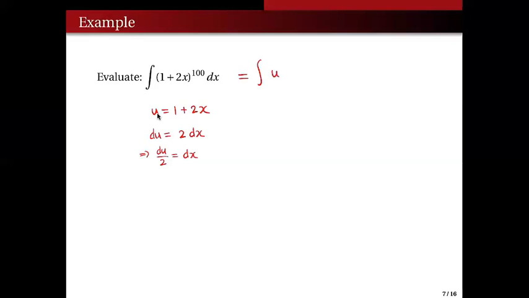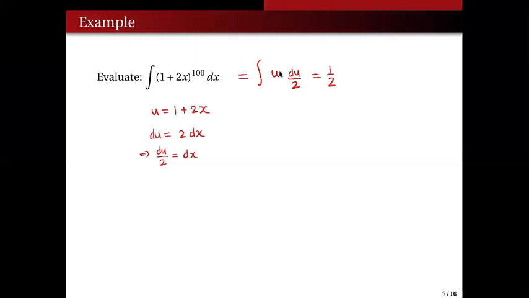And with this substitution, 1 plus 2x becomes u. And then the dx becomes du over 2. So if we evaluate this, the 2 is just a constant, so you can bring it out. You will have 1/2.